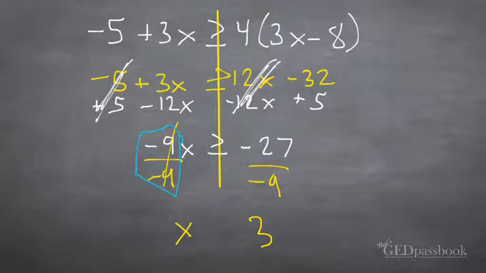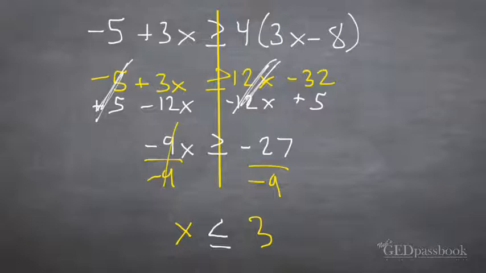If you ever resort to dividing by a negative number, to leave the variable by itself, the one trick, this is the one difference between multi-step equations and inequalities. The one trick is you must by default flip your sign.